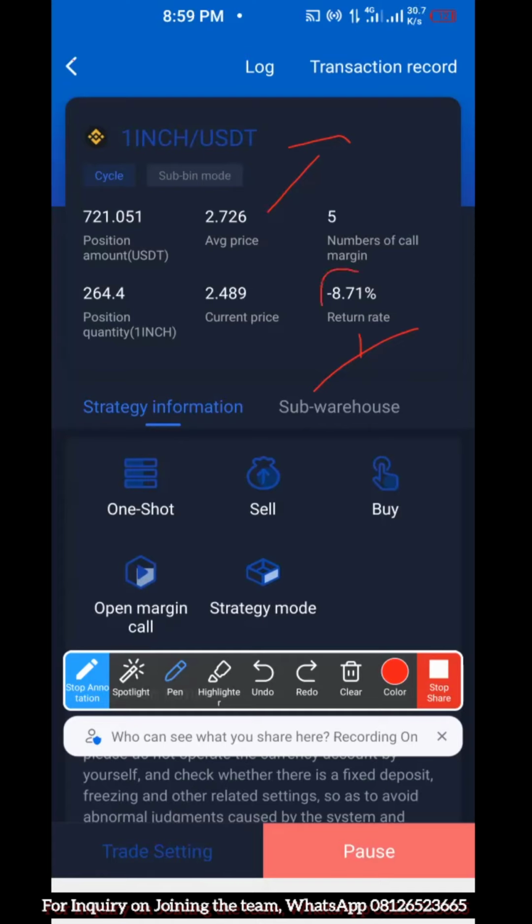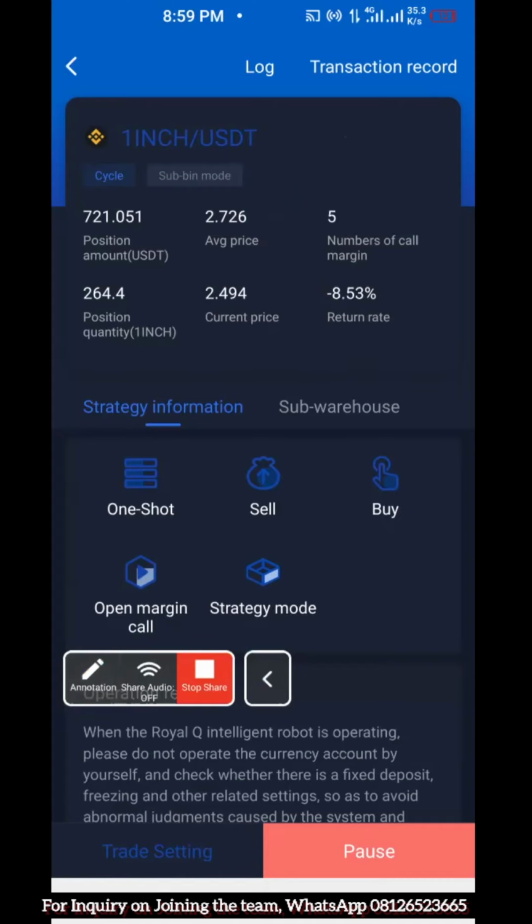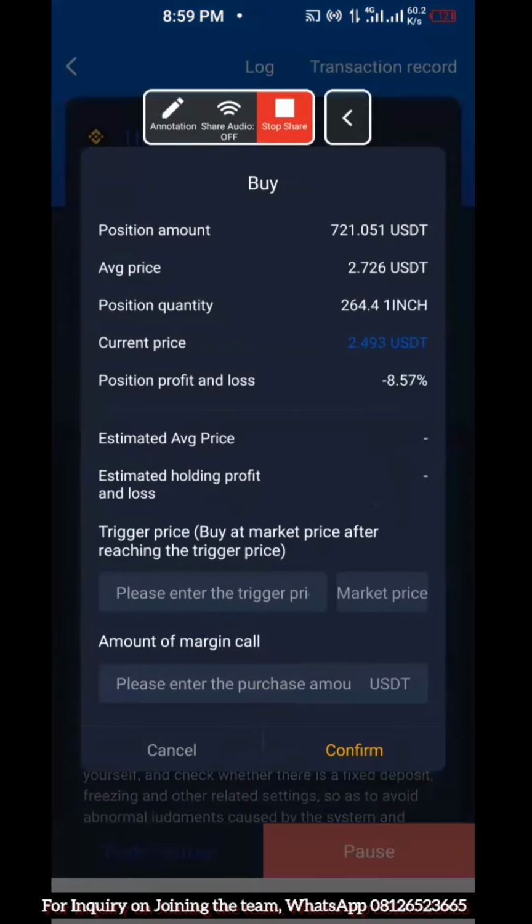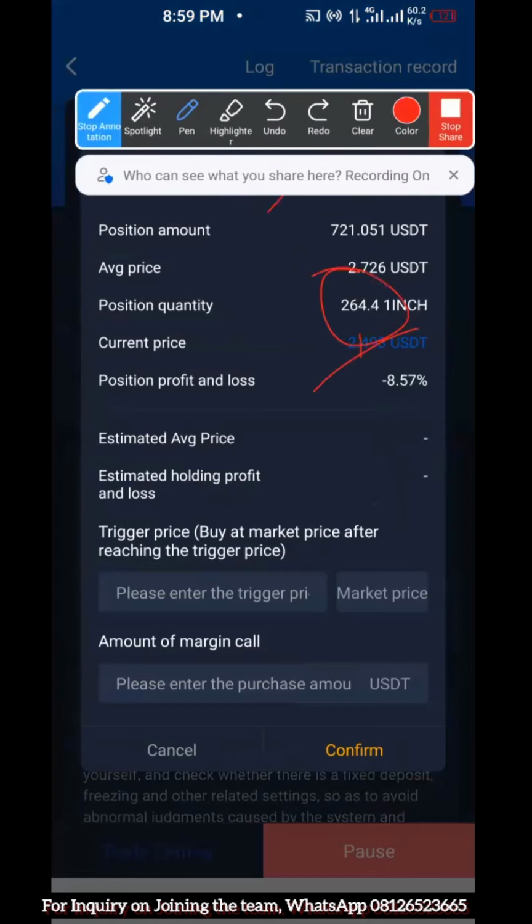It was worse than this. I think it was 7% in the morning. It has improved beautifully. Now, I want to demonstrate something to you. Let me use the manual buy. I'm not buying anything, just to demonstrate. Now, observe this average price.